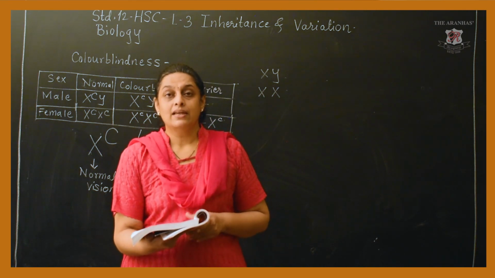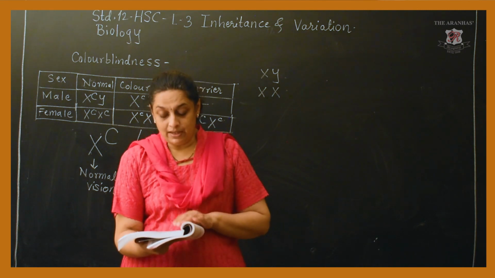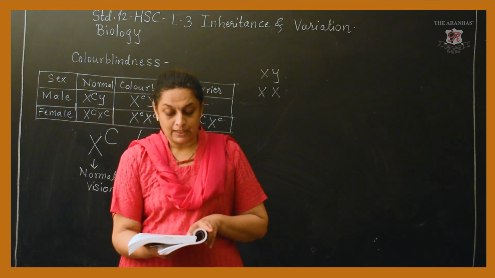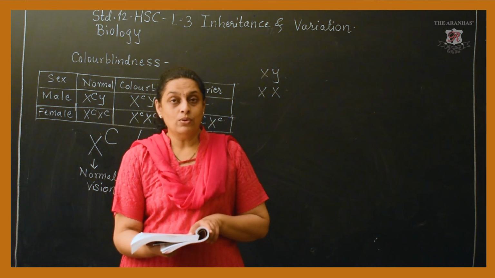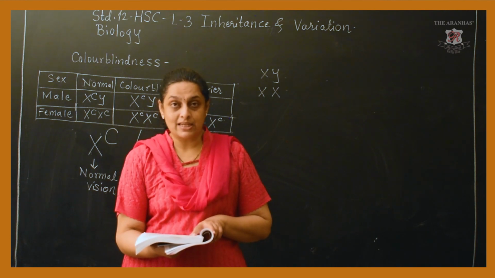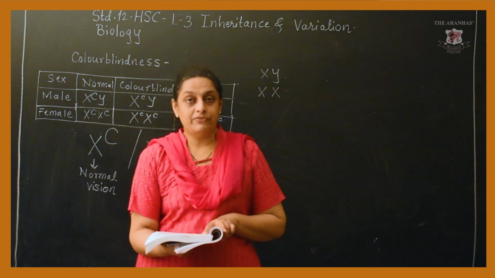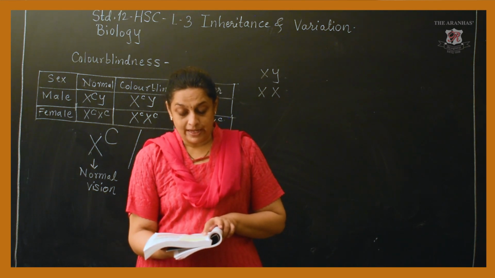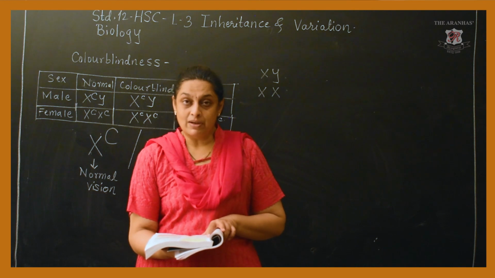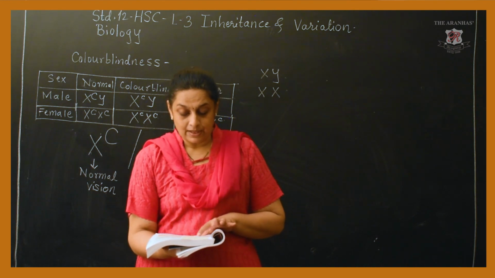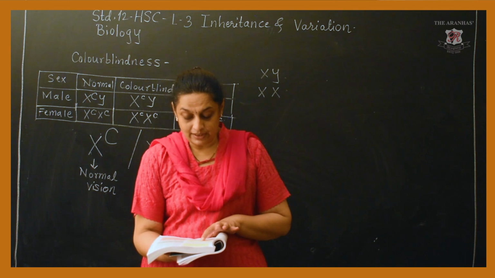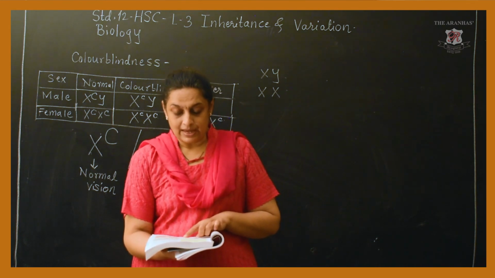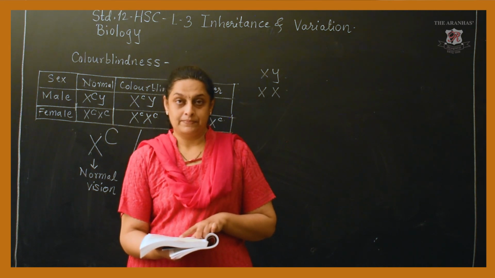Now let us see what are the possible phenotypes in the F1 generation. Now you already know how to write gametes and how to write different possible combinations. So there is going to be a normal female child, a normal male child, a carrier female, and a colorblind male.